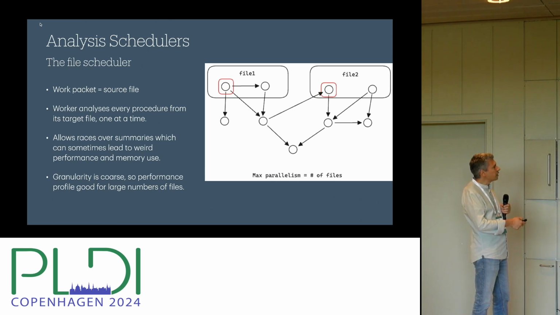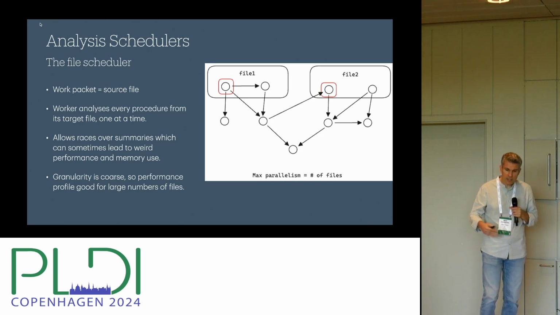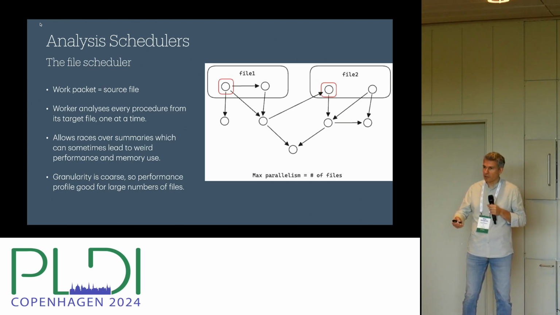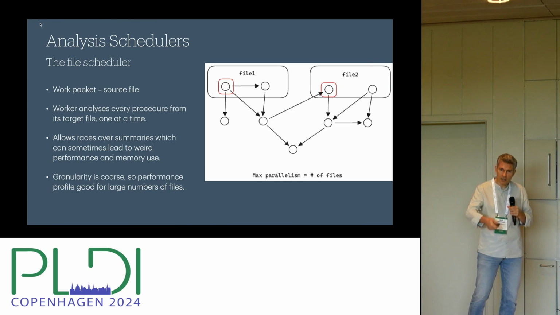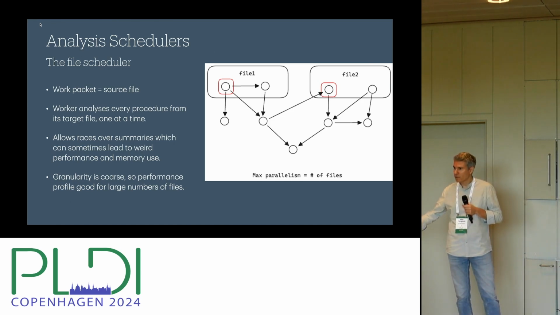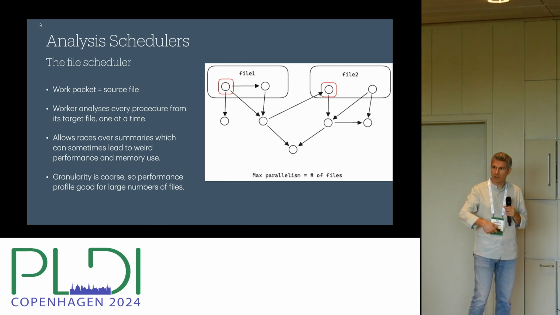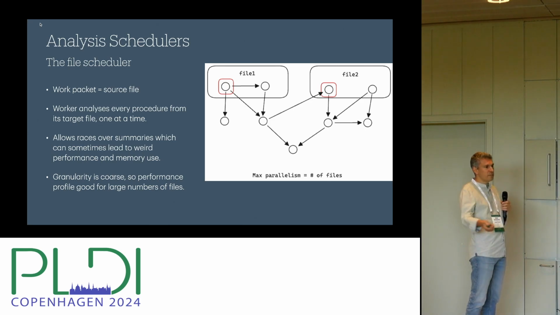Each file gets sent to one worker. Here we have 2 files, and the worker reads the list of procedures in every file and analyzes each procedure one at a time, sequentially within each worker until it finishes. That's the very basic stuff.